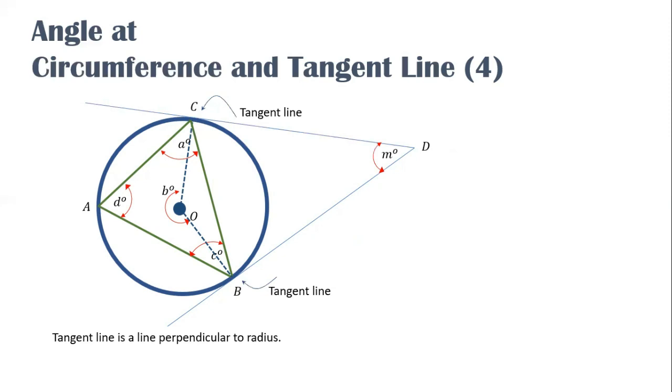What is a tangent line? A tangent line is a line perpendicular to the radius. Okay, I want to give you a simulation of how to draw the tangent line. So then this is the tangent line. Look at the diagram. Perpendicular to radius. Is it clear to you? And this one here at point C, the tangent line is perpendicular to the center or radius.